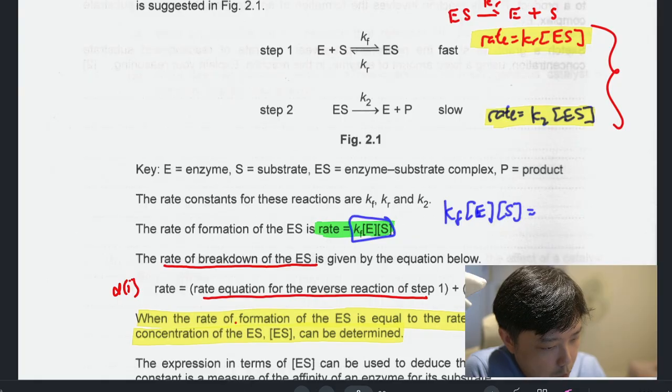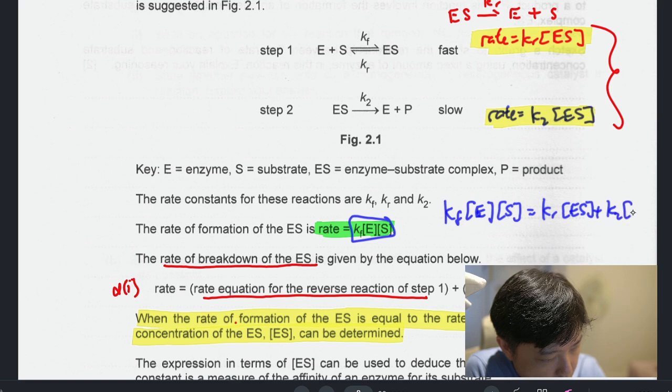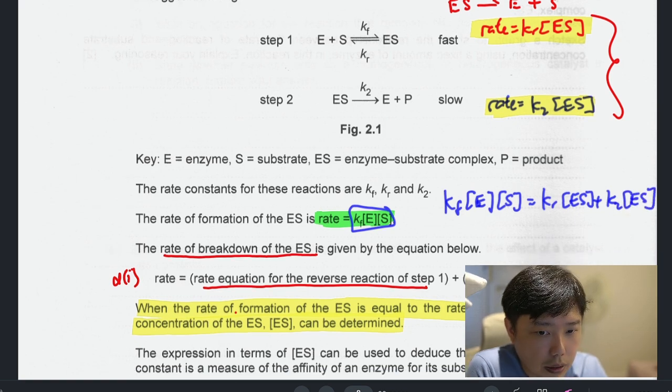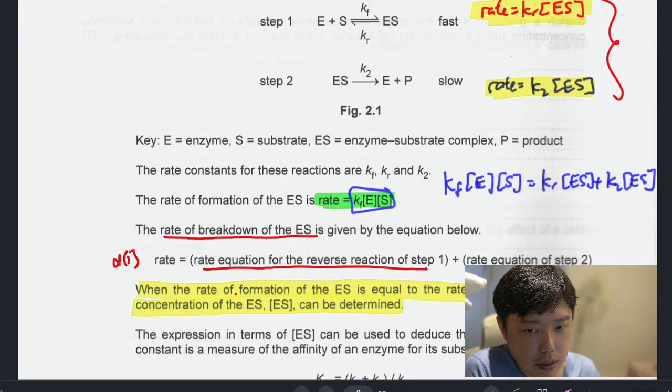We have to equate it to both of these rates: KR [ES] plus K2 [ES]. Okay, I hope y'all can see. Let me just adjust this a little bit.